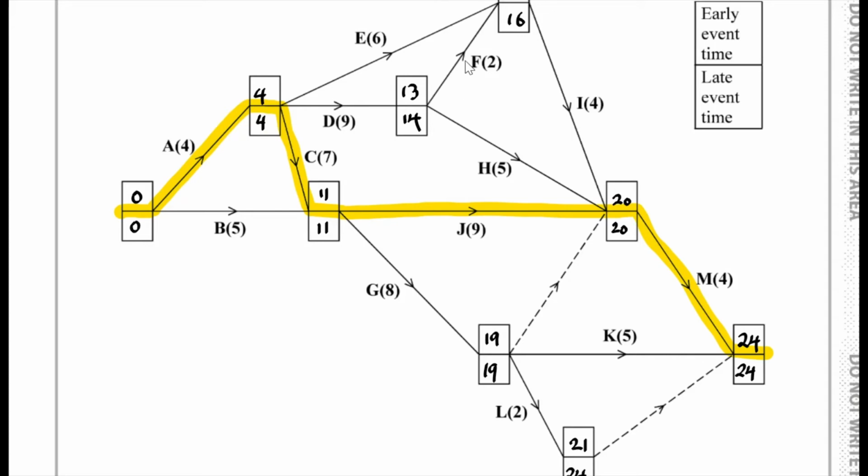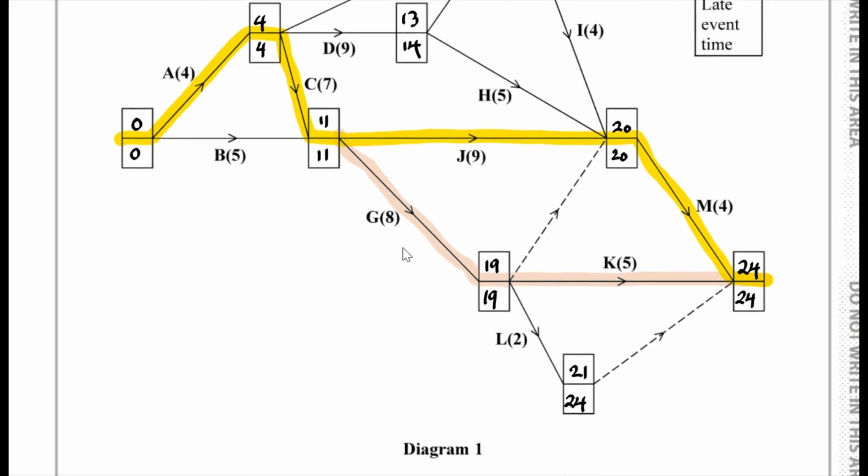And another way we can approach this is, once we're here, we can go back down here, across here, and then across K. So you'd find that there's two critical paths. Okay?